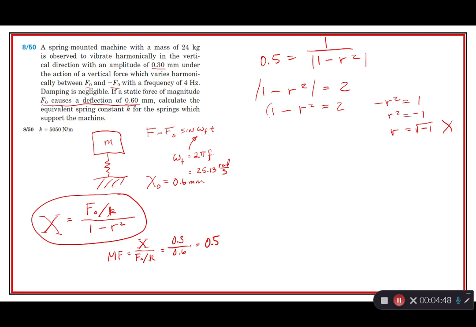But instead, if we go the negative route, we'd have negative 1 plus r squared equals 2. Our r squared is equal to 3, so r is now equal to 1.732. And what I wrote next to mine was math thinking.